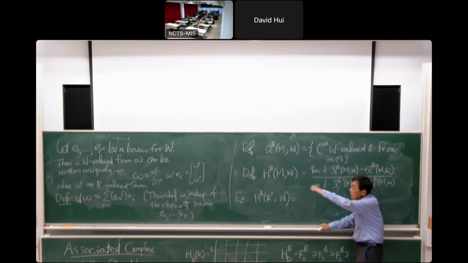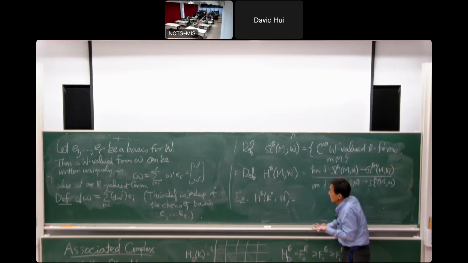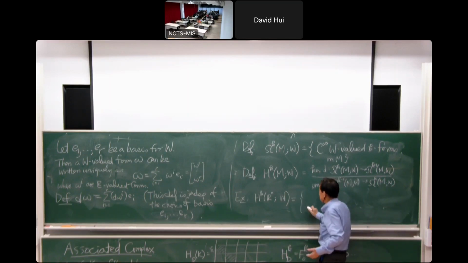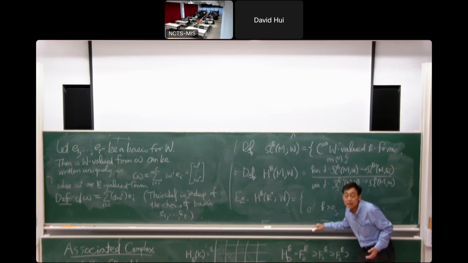Basically, you can work component by component. So you see that it will be 0 for k greater than 0, because each component is just ordinary de Rham cohomology.